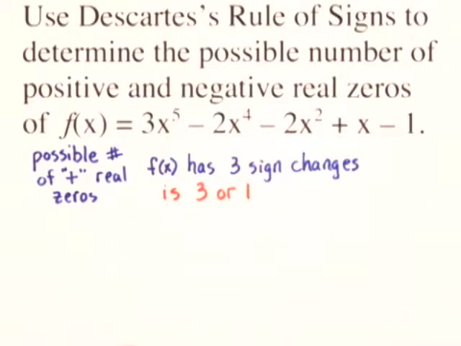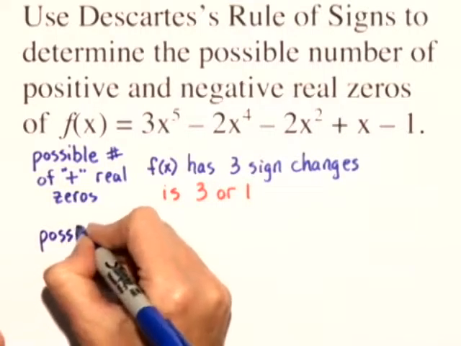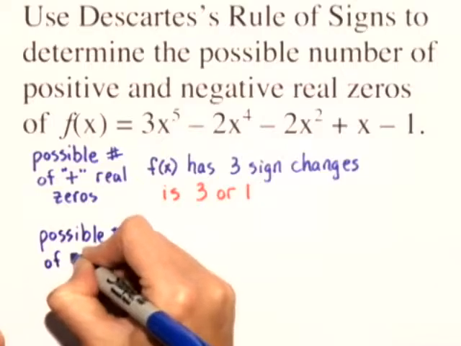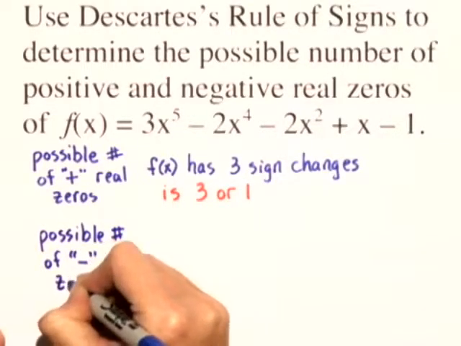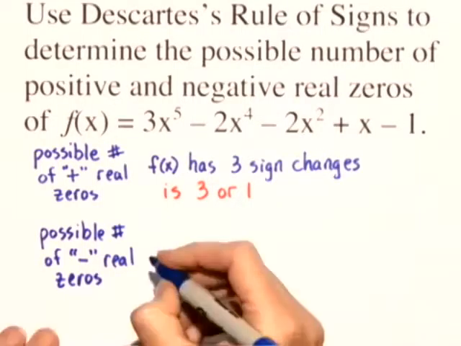Now we need to look at the number of possible negative real zeros. In order to determine the possible number of negative real zeros, we have to look at f of negative x.